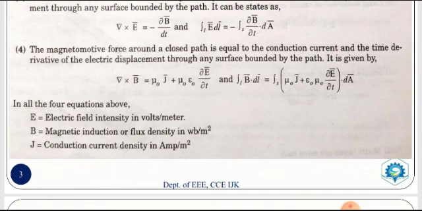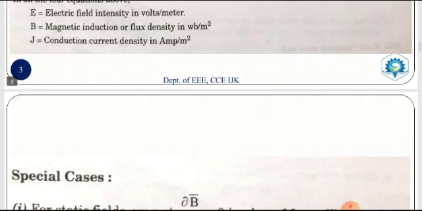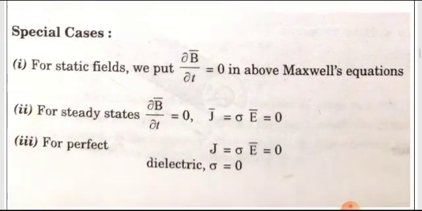In all the four equations, E is the electric field intensity in volts per meter, B is the magnetic induction or flux density in Weber per meter square, and J is the conduction current density in ampere per meter square. As special cases, for a static field, if the field is stationary, dou B by dou t is equal to 0, that is the rate of change of flux is 0.